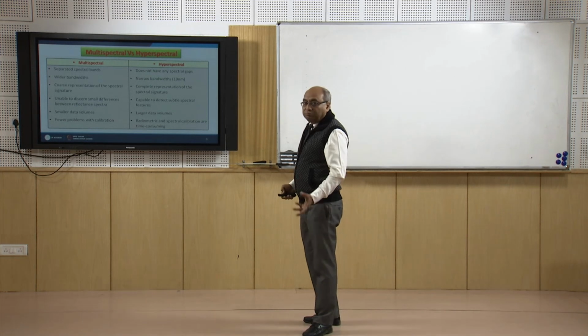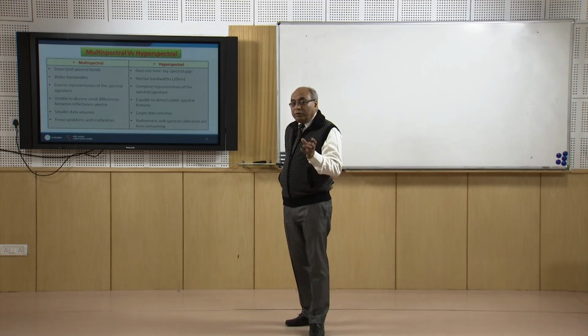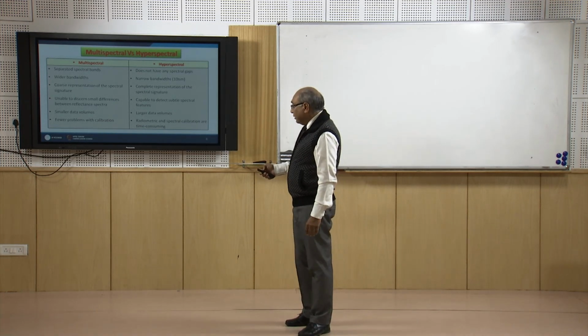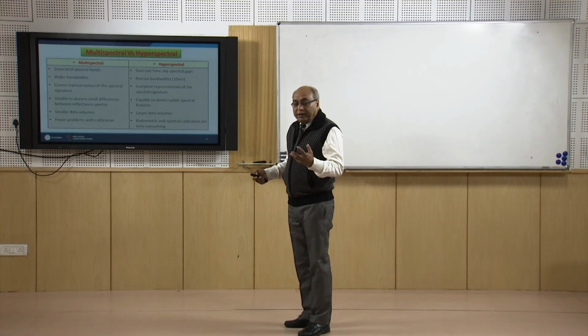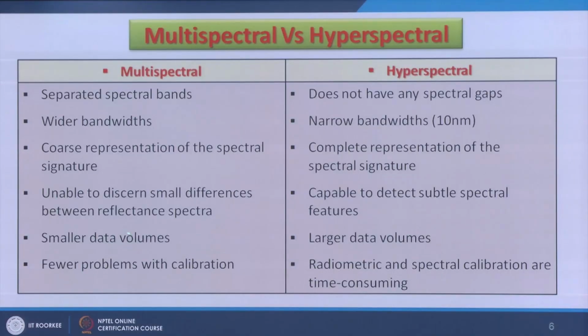Smaller data volumes, not much in today's terms, it was not much data, but at that time of course it was huge data, because now computers and our storage capacity has increased manifold. So by today's reference, it looks like a smaller data set, but nowadays even as per today's standards, hyperspectral data is of larger volume.